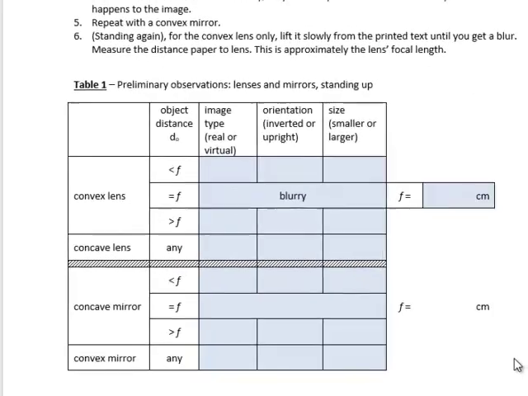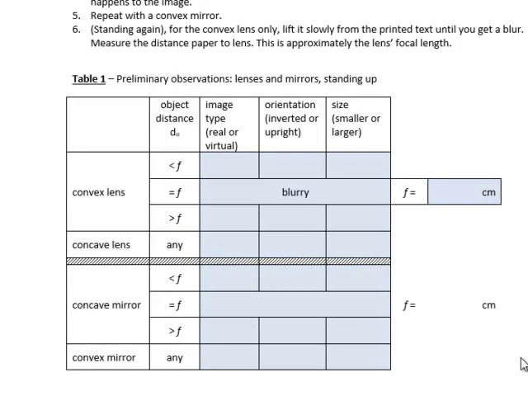Now, what's in the way is your eye itself. It is an optical instrument with a convex lens in it, so there's a second lens there, which in this case we're not accounting for. You have to stand far enough away to make the image distance large enough that you will be able to see, for the convex lens, that when you're at the focal length it becomes blurry.